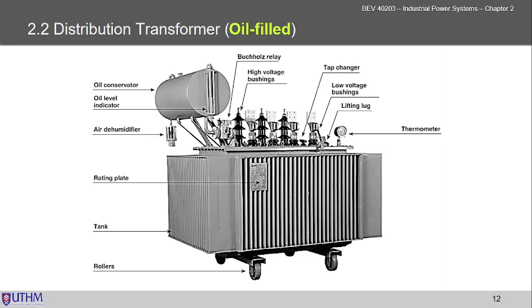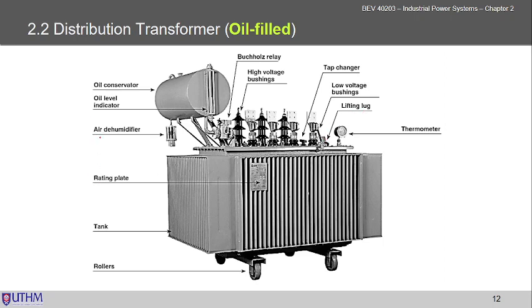The rest is not that important, because they are general parts, like the rating plate and the name plate here, and the roller for handling purposes. And you have the lifting lug also for handling or transportation purposes. You just use this lifting lug.